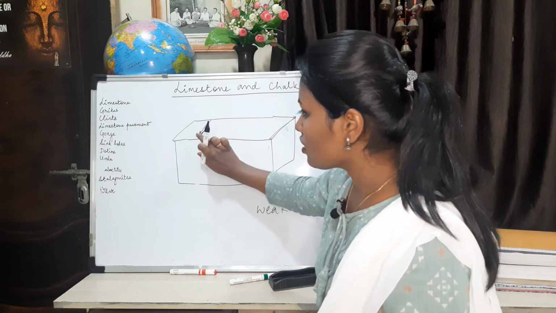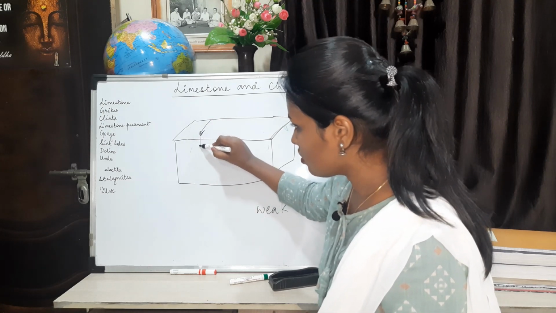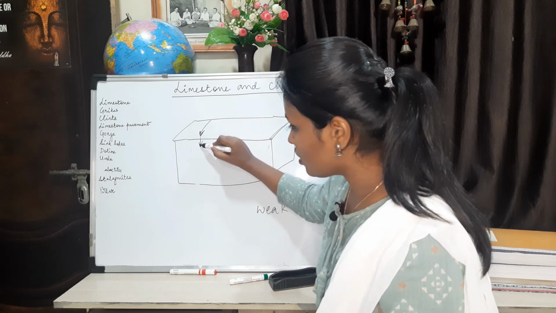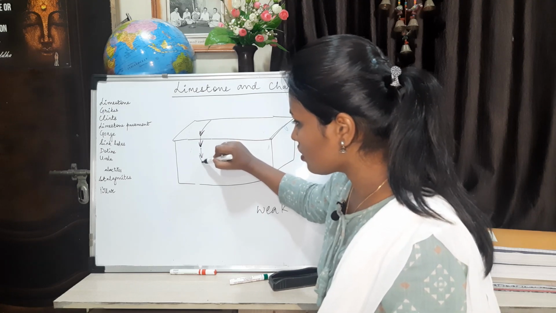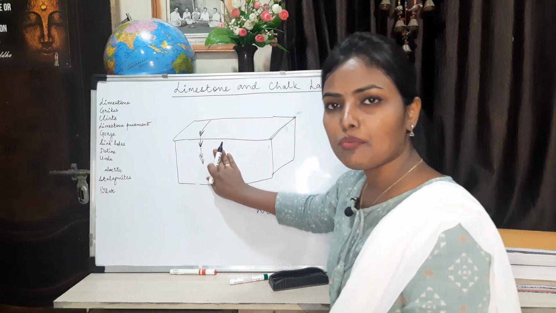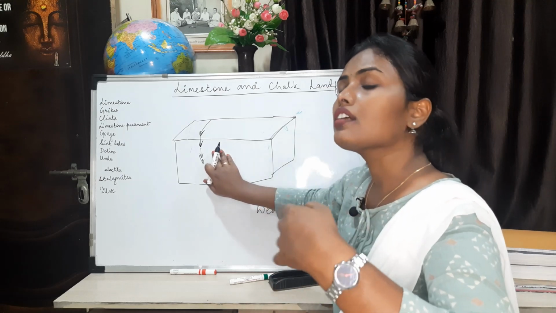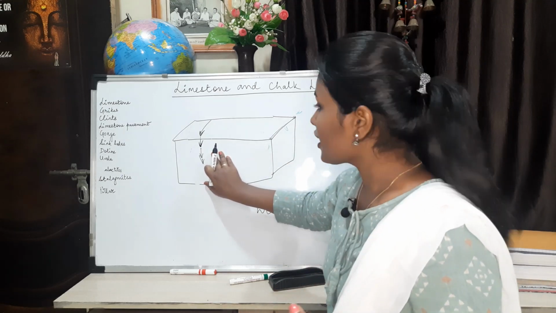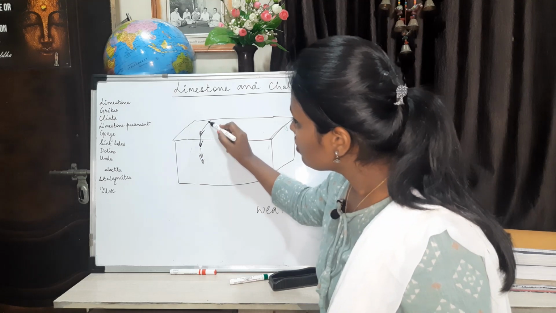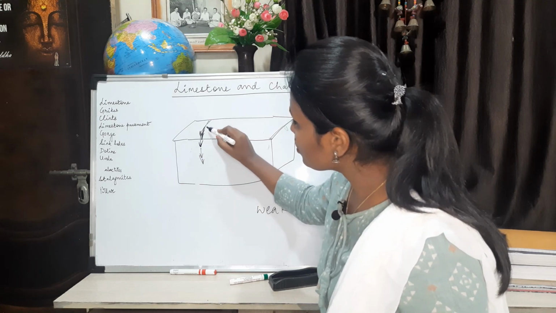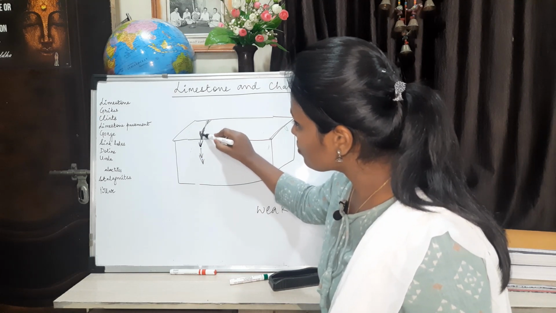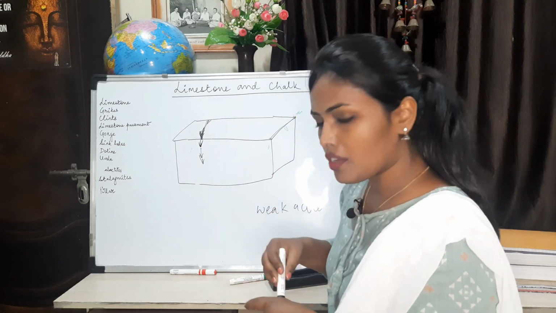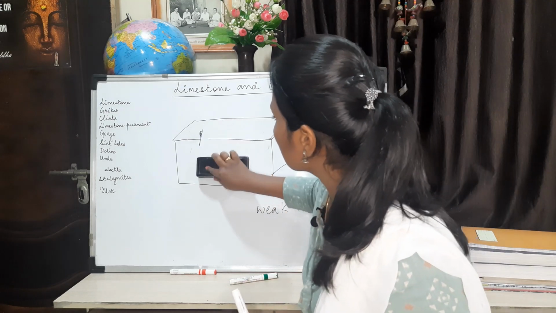As long as the water seeps into this rock, it will go into the rock this way. With the due course of time, due to friction, it is going to erode this part of the rock, and this is going to form a depression into the rock.